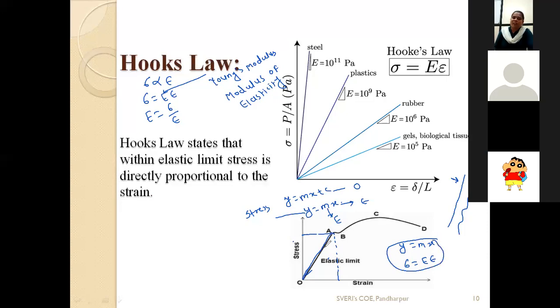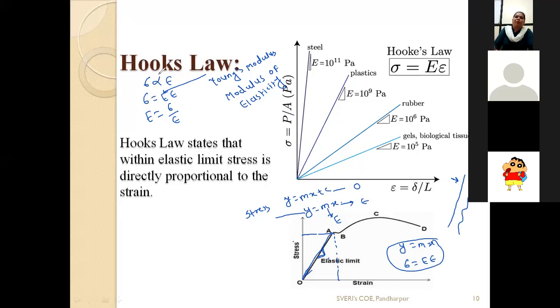This line represents the slope of the line. Between O and A, the line is linear and the stress-strain relationship is elastic. That's why Hooke's law states that within the elastic limit, stress is directly proportional to strain, and that's why I have written sigma directly proportional to epsilon.